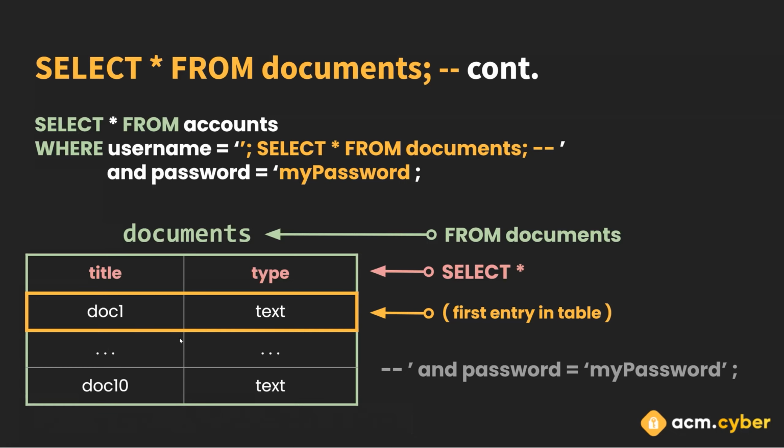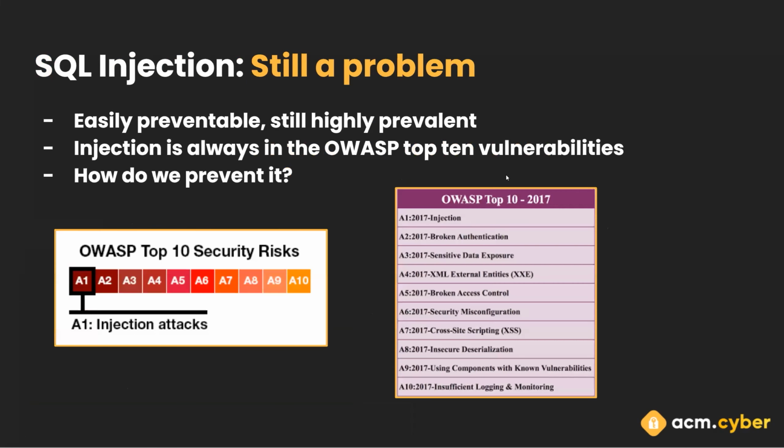So it's just going to find the first one, and if it's set up to return multiple, it might return all of the entries because there's no limit. And again, these two dashes are a comment in SQL. There are other ways to comment in SQL, but this one is just a line comment. So if you see other ways of commenting out, don't get confused. There are just other ways.